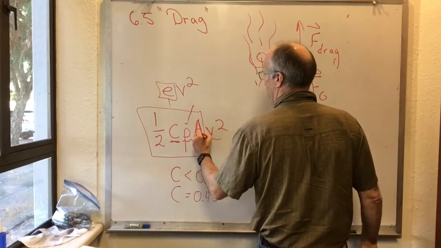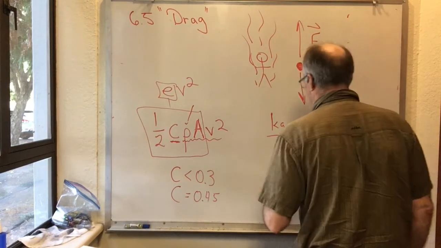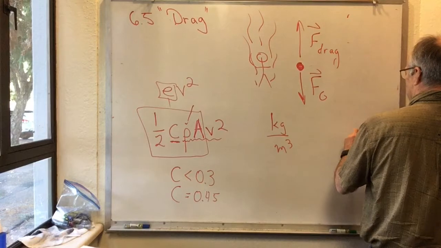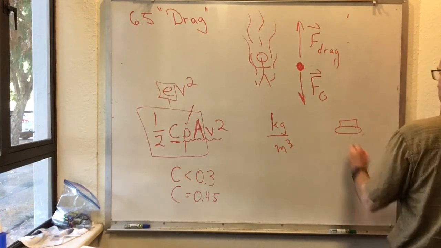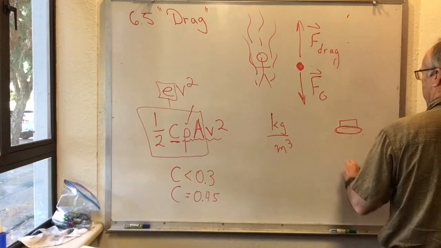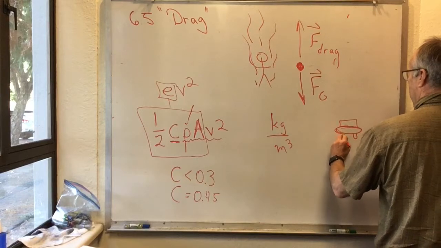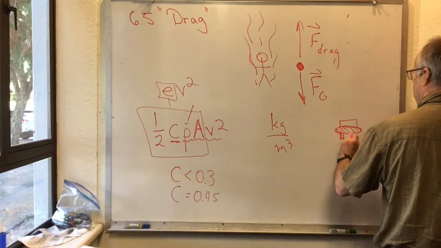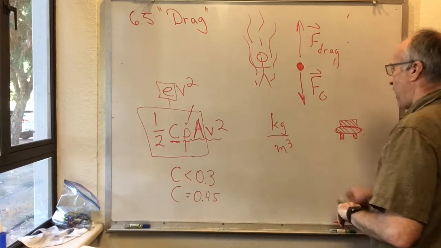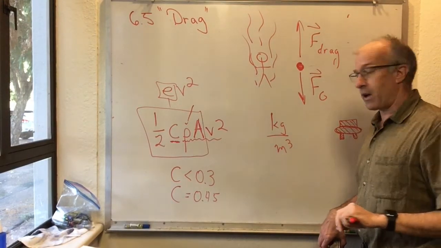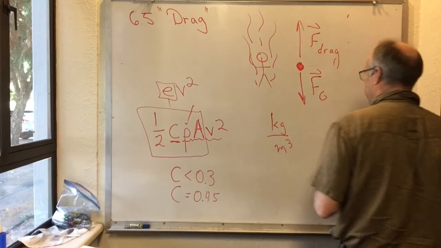This term here represents the cross-sectional area of the thing that is going through the air. So if you're looking at, say, the front of a car, and here's the passenger area, and here's the front of the car, and here's the wheels, you would take all of that area right there, all of the area that you can see looking at the car head on, and you would call that the cross-sectional area of the car, looking at it head on in the direction that it moves through the air.